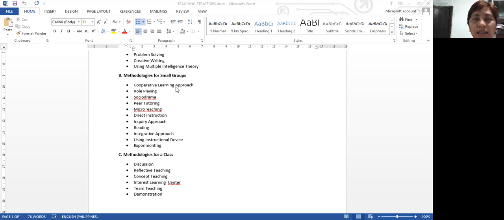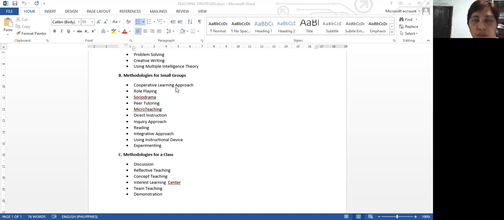So with the guidance of someone who already has or has acquired the skill, the other student who hasn't yet acquired the needed skill will be uplifted by this one that already acquired the skill.